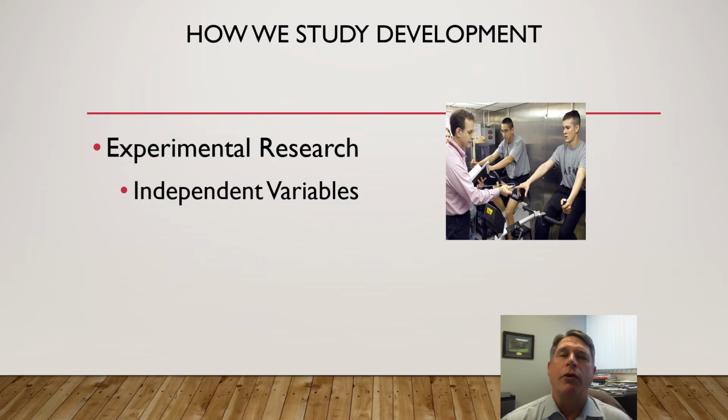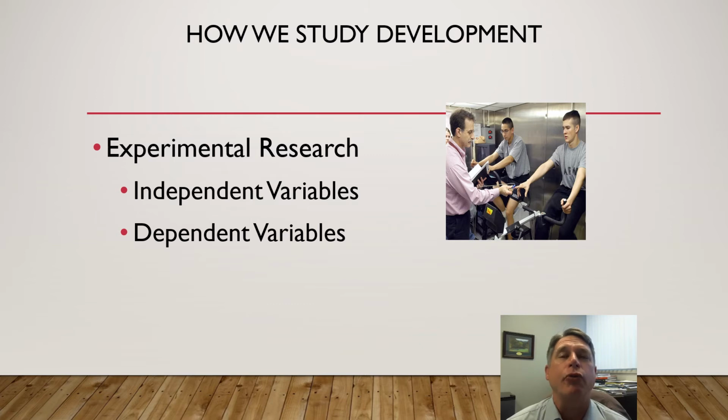And so studying is my independent variable. It is that which I manipulate. So in such an example, my IV or independent variable would be studying, anything that you can manipulate in an experiment.